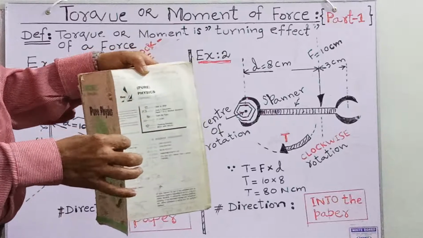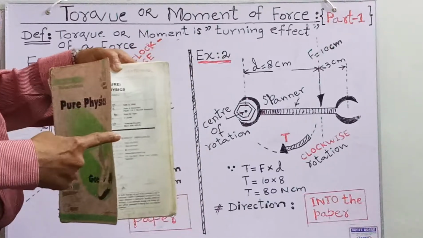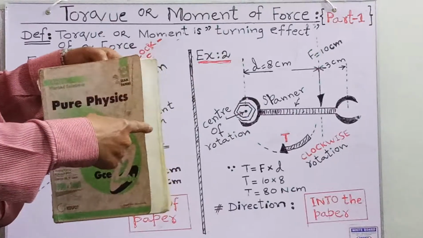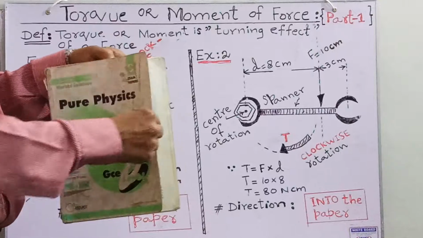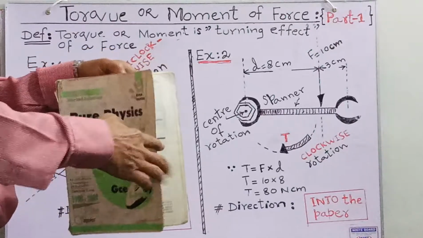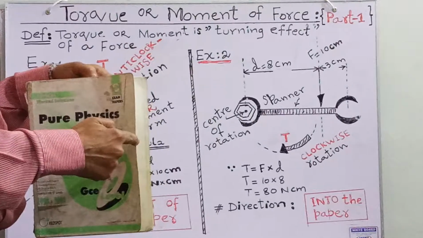If I want to shut or close it, then I will apply the force in the inward direction. That was the outward direction, where the force was pulling the door, but now I am applying the force in the inward direction.